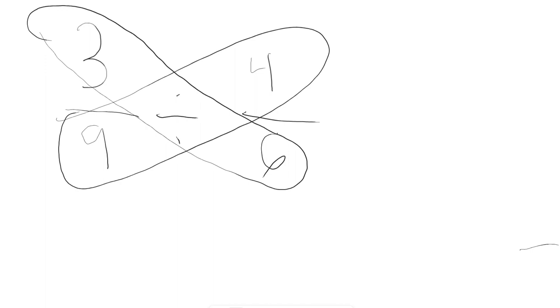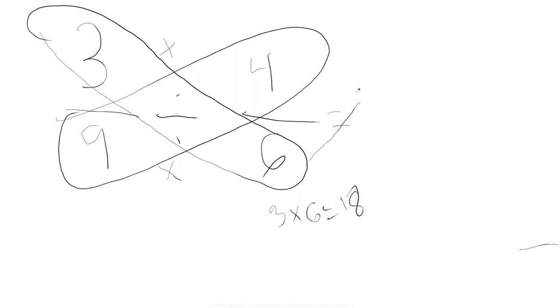Now, let's get to this problem here. Since we're cross multiplying 3 times 6, so remember, because we're cross multiplying, we are multiplying these numbers, not dividing them. But we're cross multiplying a division problem. So 3 times 6, 18.